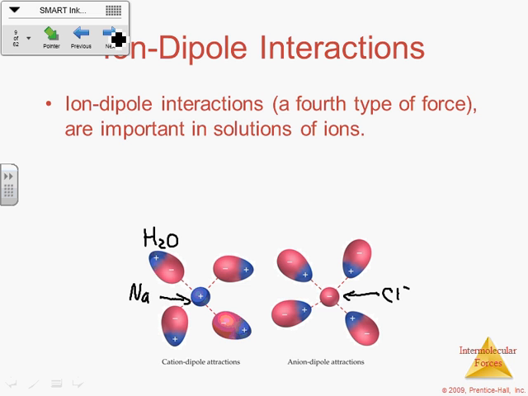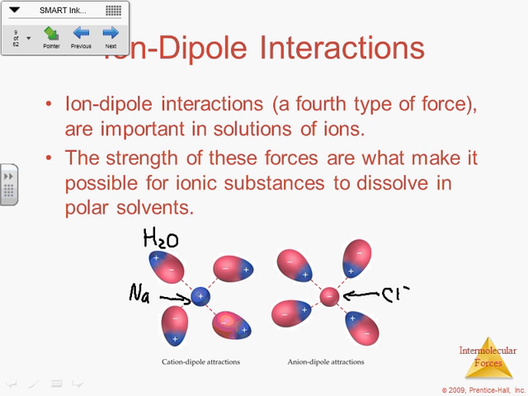So those ions get pulled apart from one another, and the water molecules surround them. That's an example of ion dipole interactions, and this is why ionic substances dissolve in polar solvents. In other words, it's why salt or other ionic compounds will dissociate and dissolve in things like water.